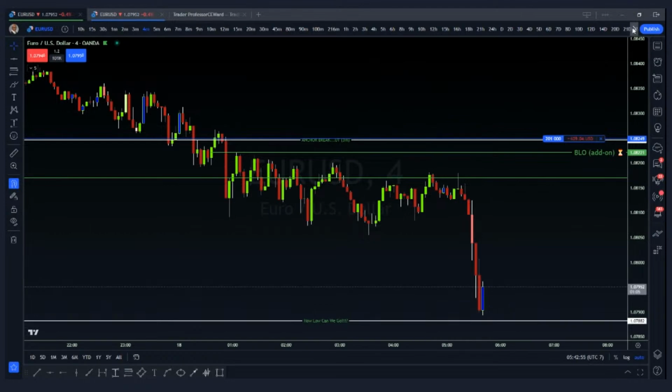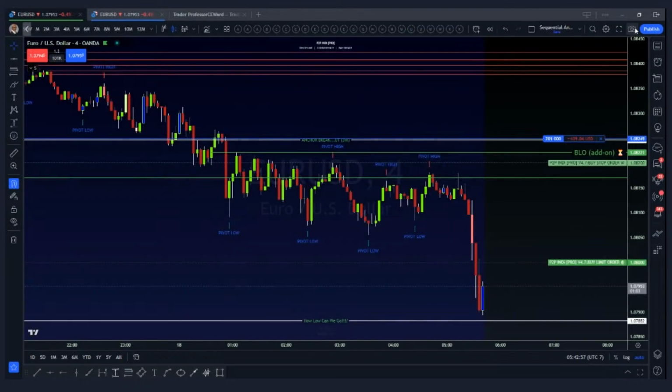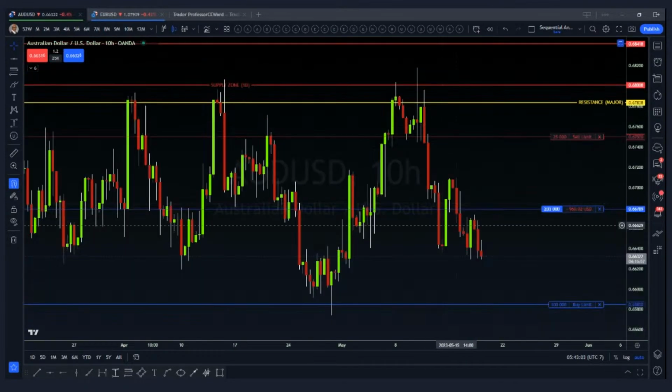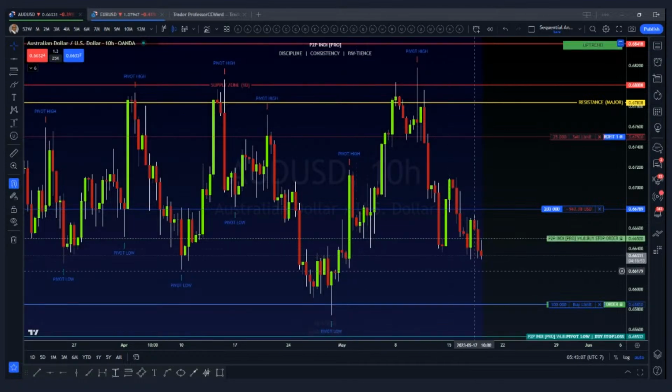All right, let's take a look at some other ones, see how they're responding. How's the Aussie dollar doing? So we're looking for Aussie dollar to either start going up from here, which it already started doing, already got triggered. I did a market order, and then I had this here because I thought it was going to keep going up from here.